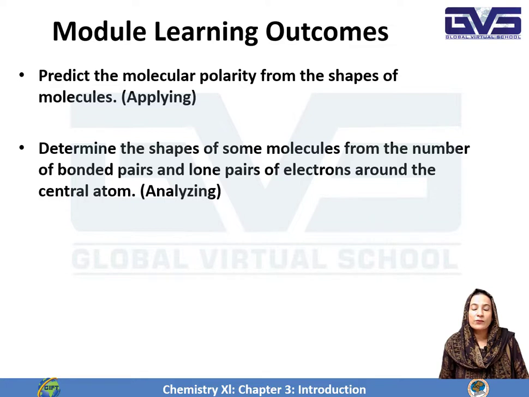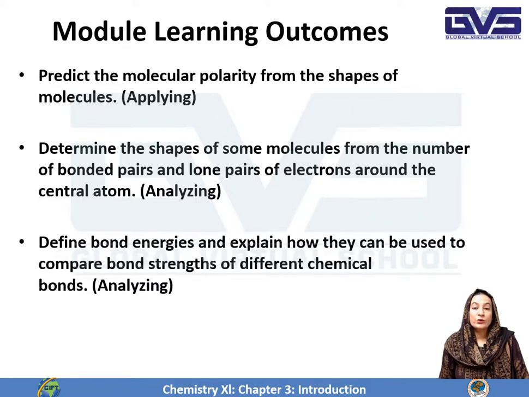On the base of how many bond pairs and lone pairs are present around the central atom, they have different bond angles, and obviously different geometries. In this chapter you will understand it, and you will also apply this to molecules.